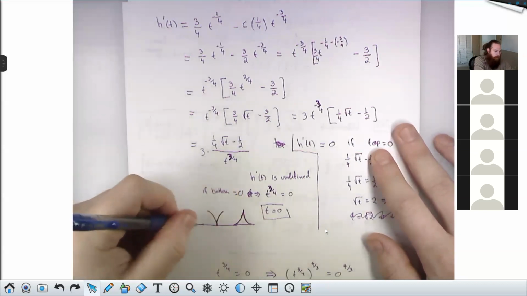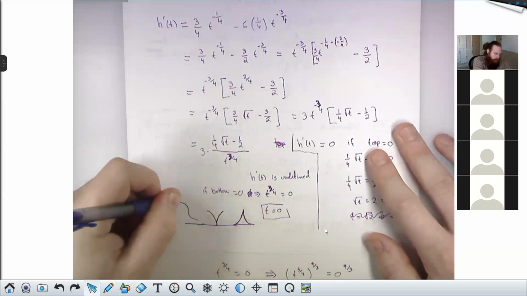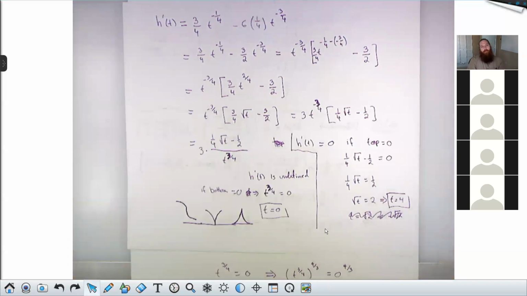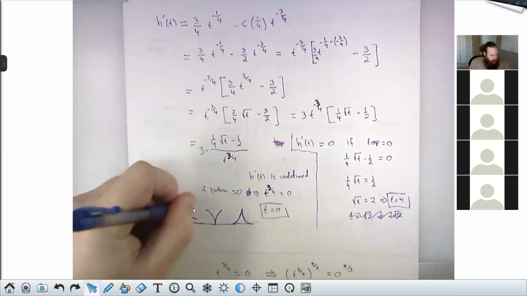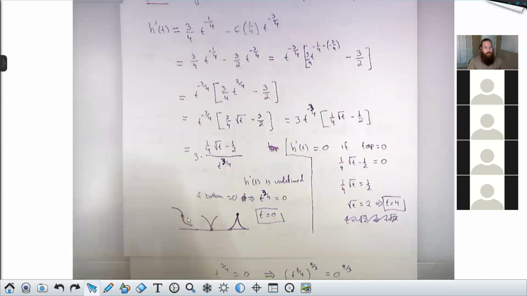Or we could have something going on there like this, which would be neither. So the derivative being undefined means that you've got a vertical tangent line at that point, which can look like this, this, or this. It's not always going to be a min or a max, but it could be a min or a max. And so we have to include it in our critical number list.